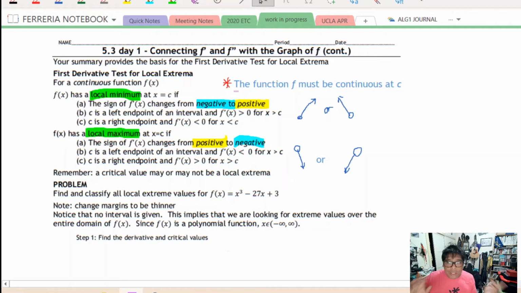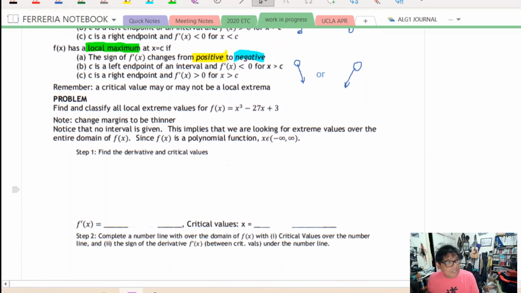If the function's not continuous at c, then of course that's not a local minimum and it's not a local maximum. So that brings us to our first problem of the day. Find and classify all local extreme values of f of x equals x cubed minus 27x plus 3. Note, change margins to be thinner.